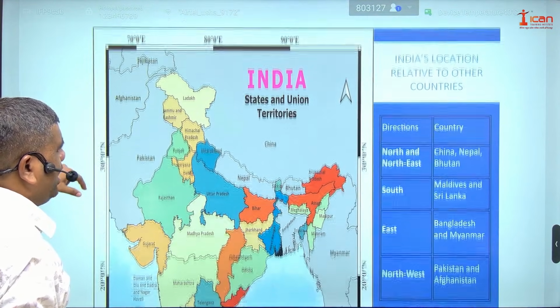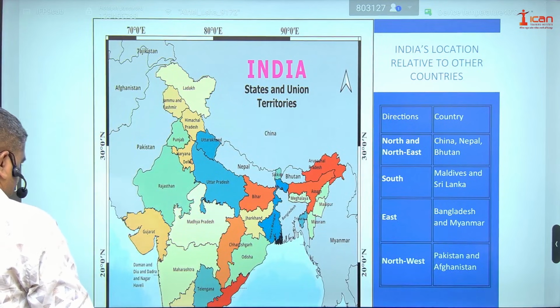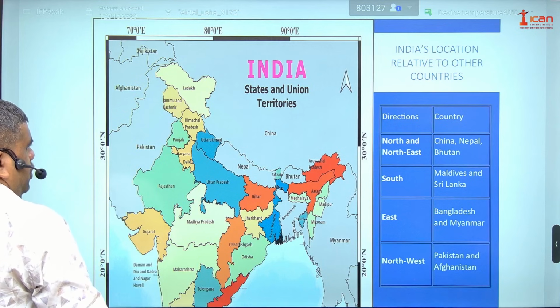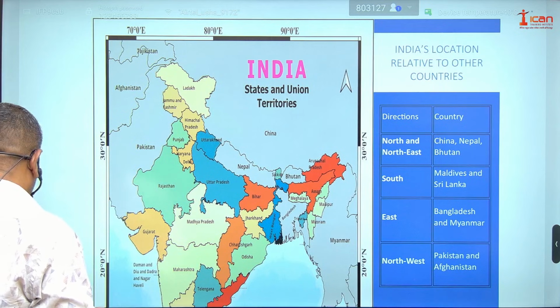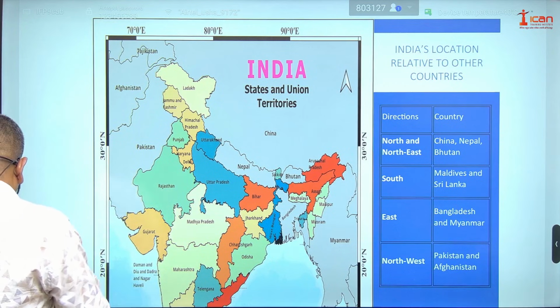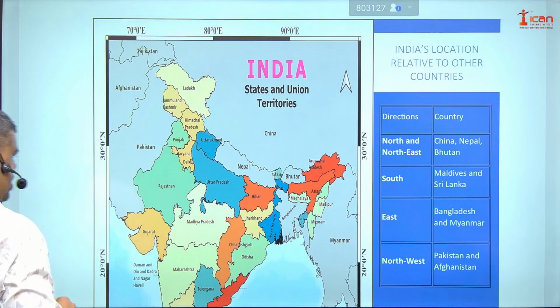Now let us look at India's location relative to other countries. What are the countries to the different sides of India, and in which side do they lie?